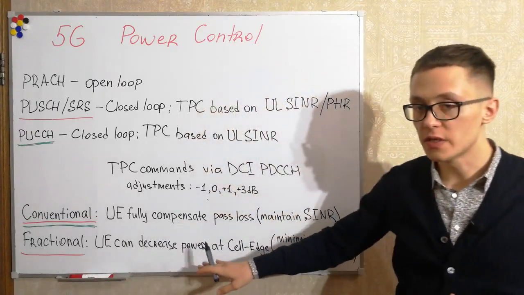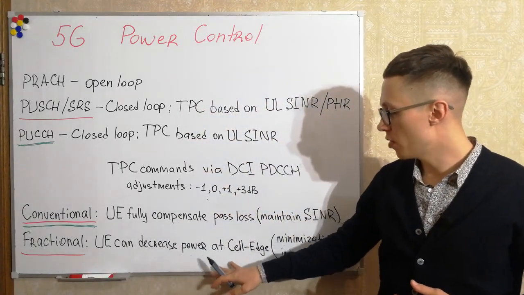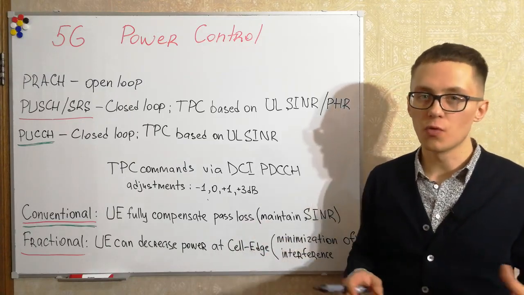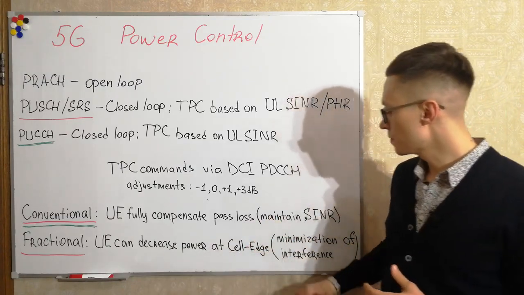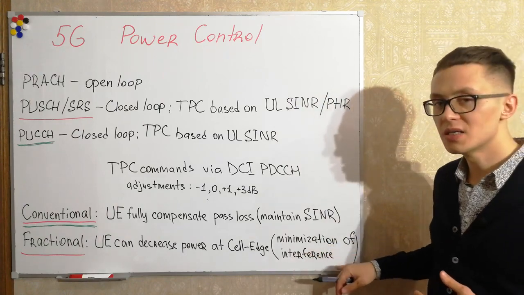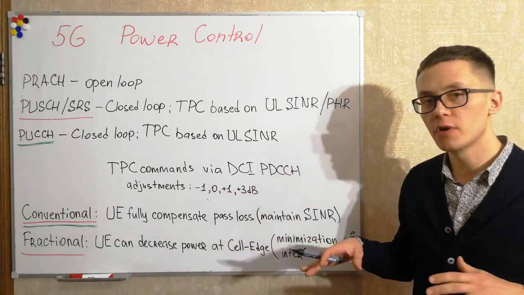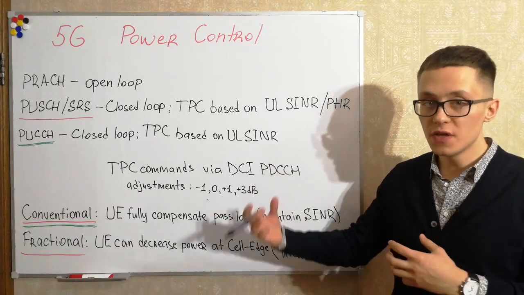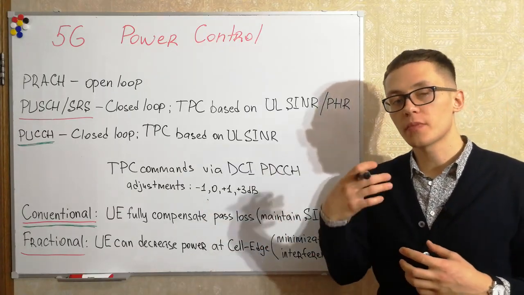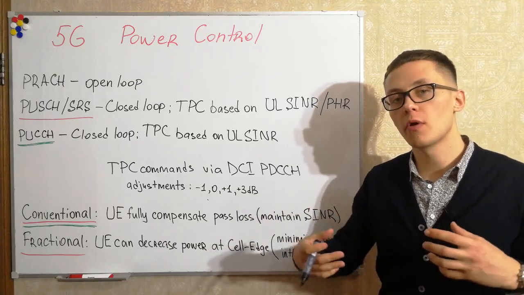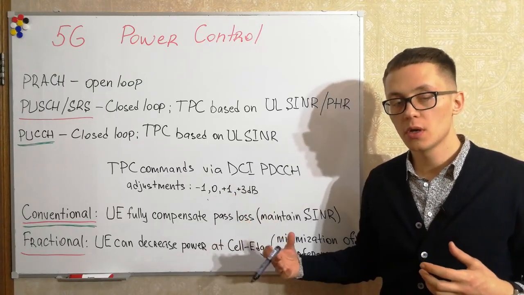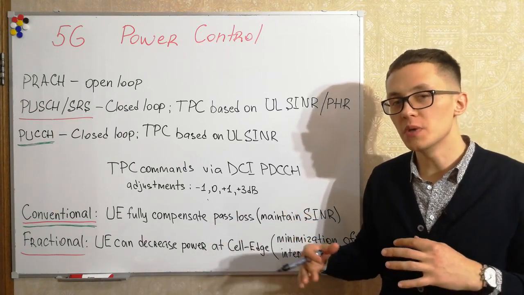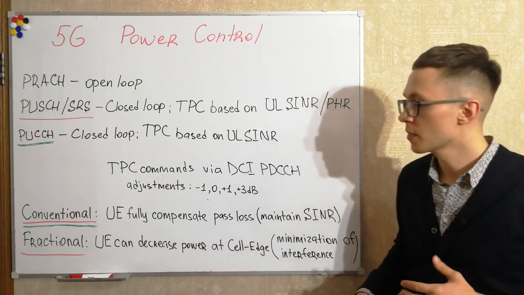User equipment in this scenario can decrease power for cell edge scenarios in order to minimize the overall interference, the average interference for the cell. And by this decision, more uplink throughput can be achieved at the cell level, but the user's throughput can be a little bit lower.